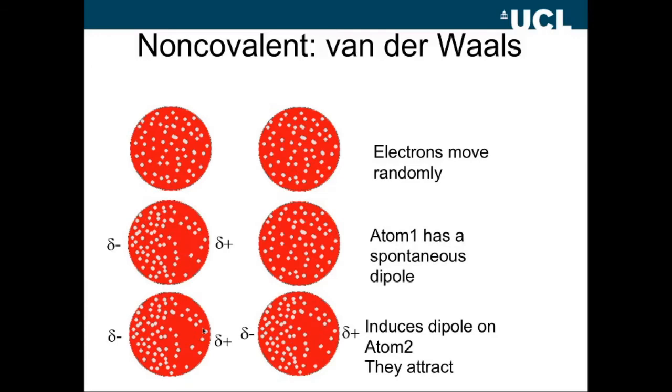What happens as a result is that the partial positive charge on this side of the atom attracts the electrons from this adjacent atom, and we end up then with a partial negative charge on this side and a partial positive charge on this side of the second atom. The partial positive and the partial negative attract each other, and we end up with an attractive force between the two atoms.